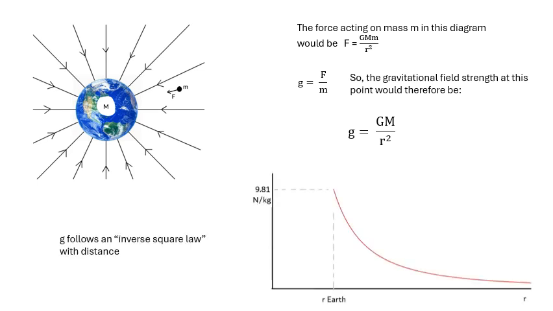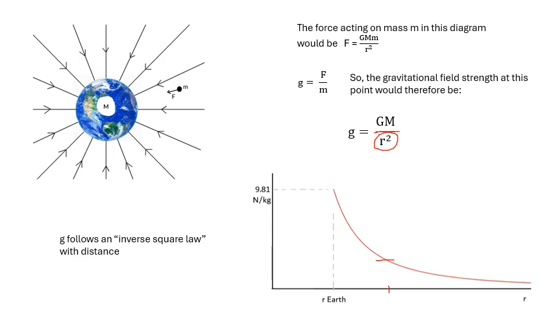Notice that it follows what we call an inverse square law with distance. Inverse, like 1 over, and square because it's squared. And a graph of g against distance from the center of the Earth would look like this. Inverse square, as in if we go twice the distance, the field strength is a quarter.